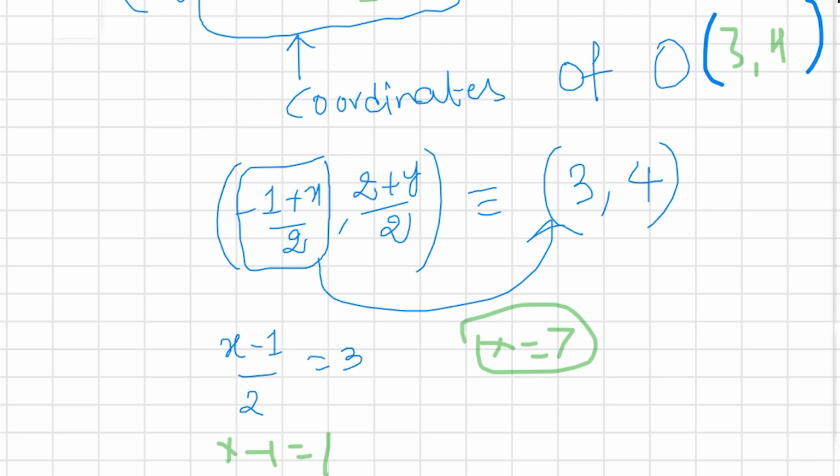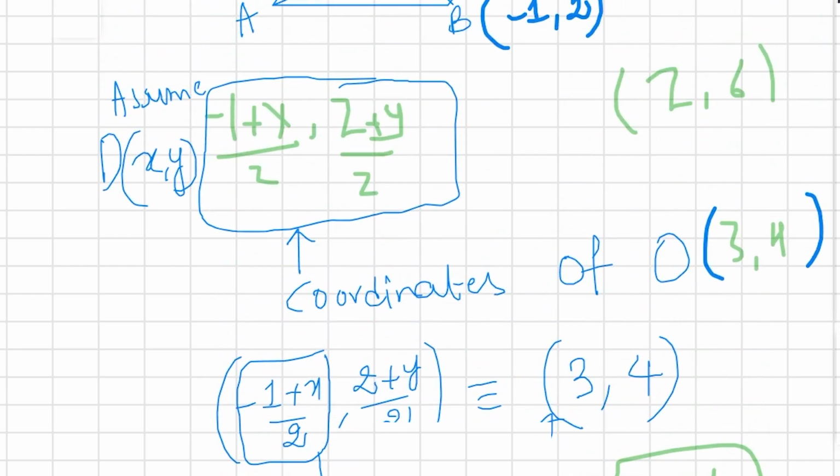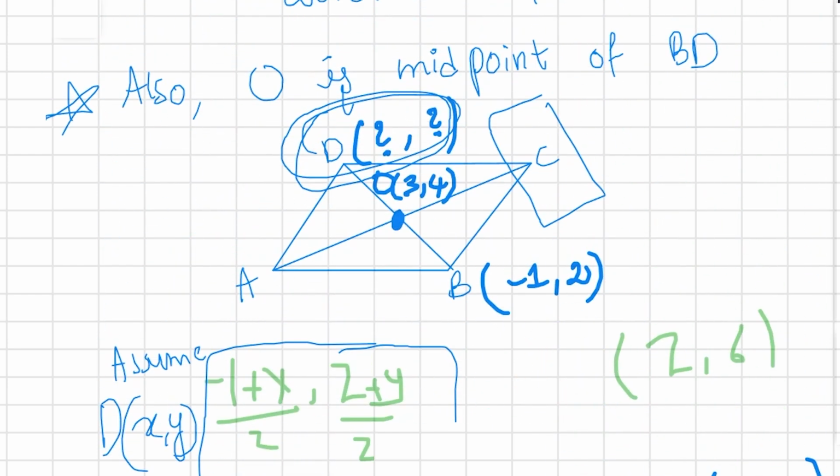Y. How much is y? Can you guess? Y equals 6. Good. So the coordinates of D are 7, 6. Good. So that is how we find the coordinates of D.